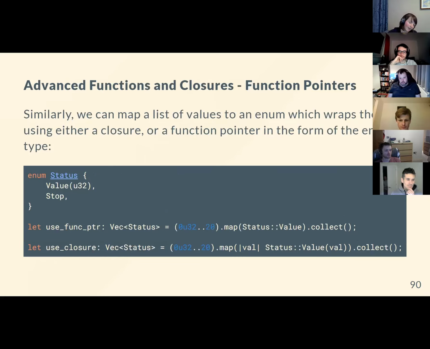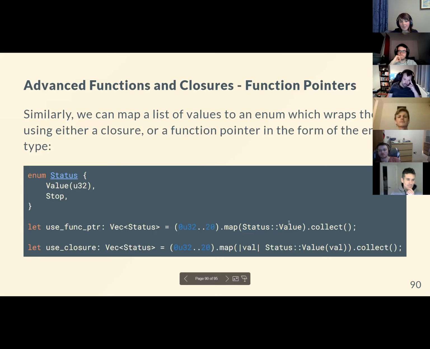And similarly, they choose to mention this, I think, because it looks a bit weird if you don't realize what an enum is in the context of Rust. They mention it in the book, so I thought I would mention it as well: this is a function pointer. It might not look like a function pointer, it might look like a concrete enum type, but this is a function pointer which takes unsigned 32-bit integers.